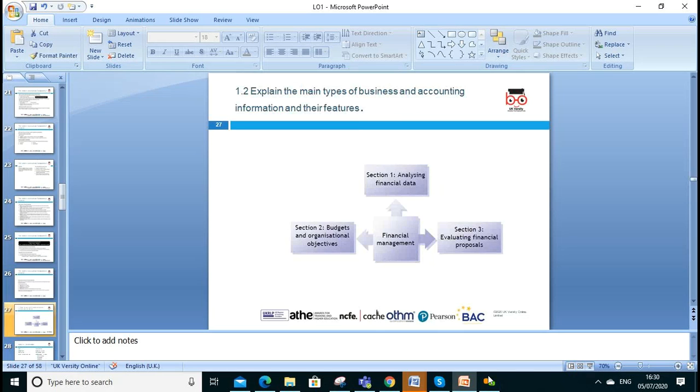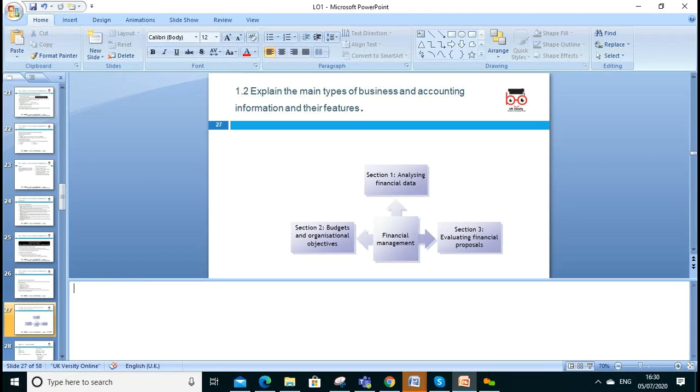Next, 1.2: explain the main types of businesses and accounting information and their features. So what are the main types of business? Sole trader, partnership, limited company.